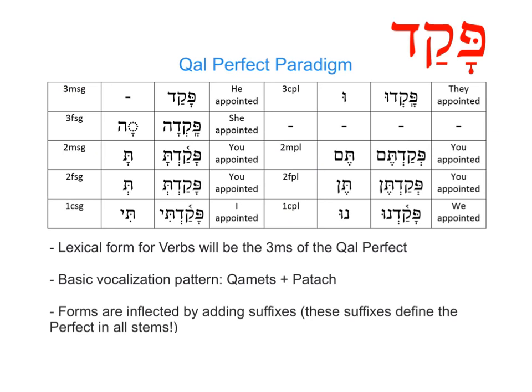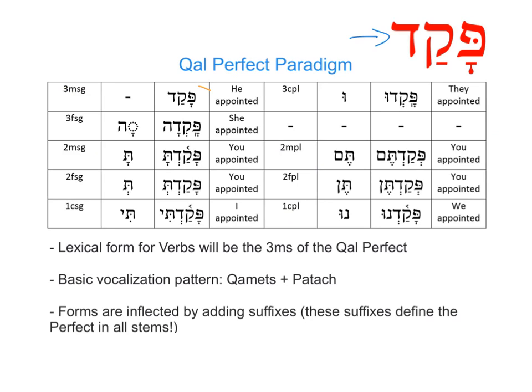Now, if we start at the very top of this chart, kind of right up here, pakad. The reason why I've broken that form out for us up at the top is that this is going to be our lexical form. When we need to look up a verb, whether it's a Qal verb or way later, if it's a Hifil verb or a Piel verb, what we're going to be looking up is that lexical form.